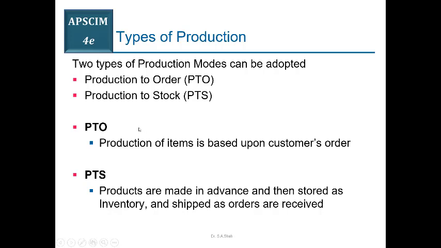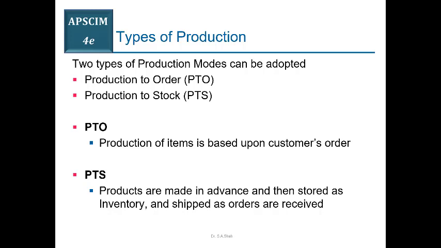Production to order is based on the customer order, and production to stock is a philosophy normally used by most of the industries. They simply make the products, stock them as inventories, and then whenever an order is received from the market, they simply deliver those products to the customers.